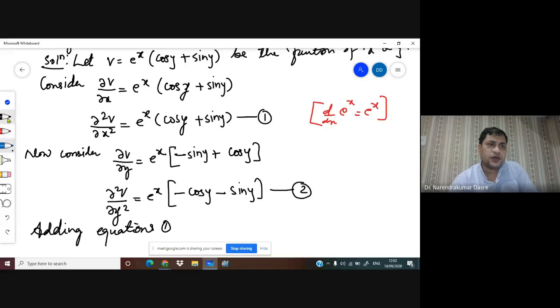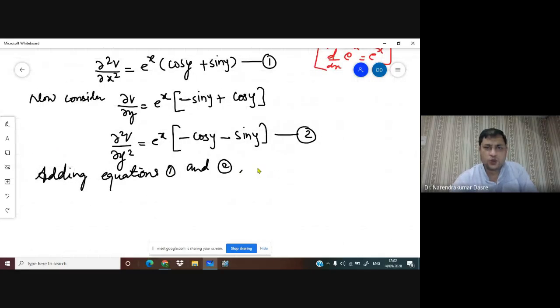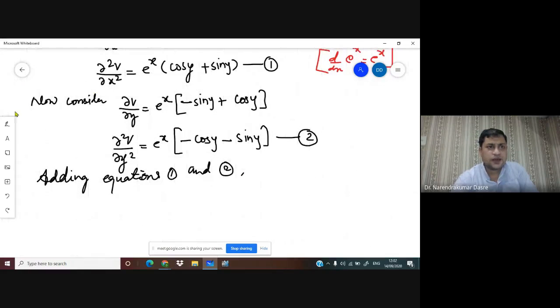Okay, so now we add equation 1 and 2. If we add them, what will we get?